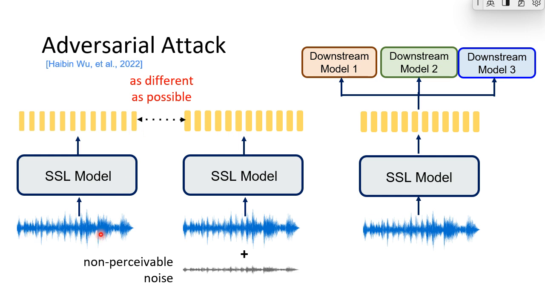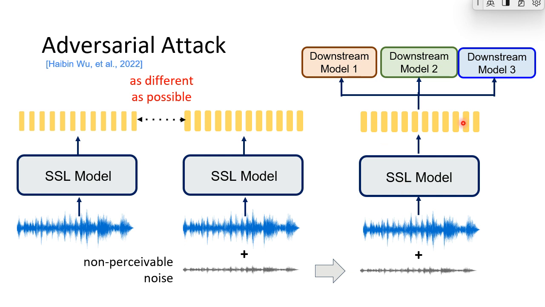So given this signal, this is the original output, then we add a very small signal to this input. And we try to make the self-supervised model have a very different output from its original output. Then we can add this attack signal to the self-supervised model to make it have very different output.